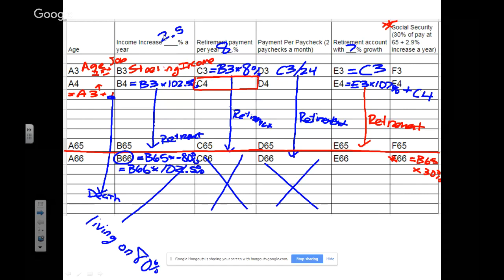So the line below that, I'm going to kind of put it off to the side, equals F66 times 102.9%. And what do we do with that? Thank you. And that we drag to death.